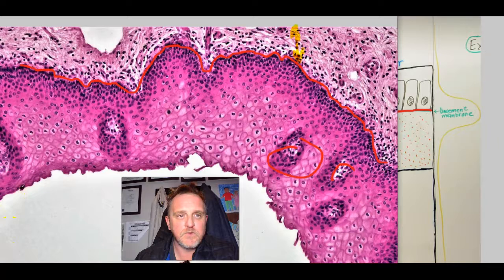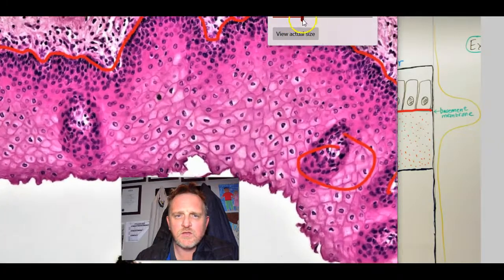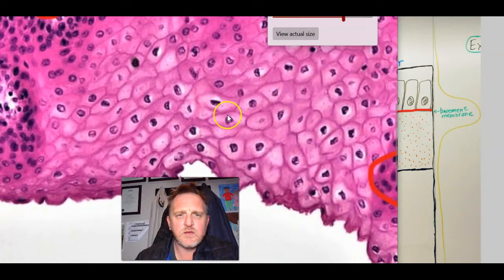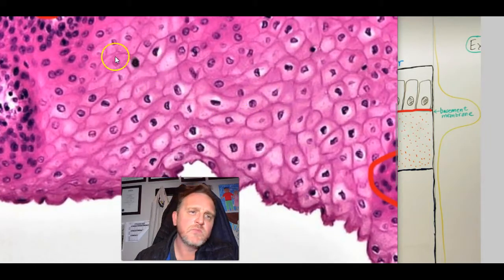Okay. Let's just go in on a higher magnification. Let's have a look in detail at nuclear and cell structure. So the cytoplasm, if you look at the nucleus, the cell perimeter, there is molding.